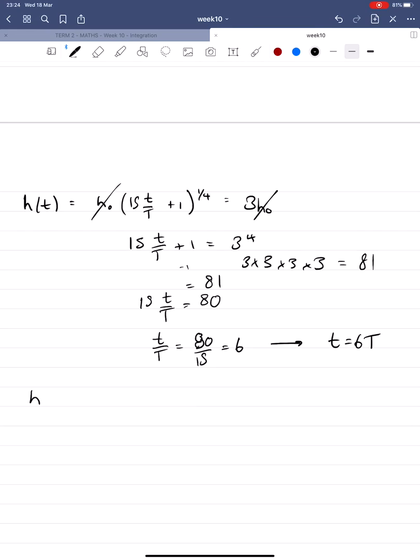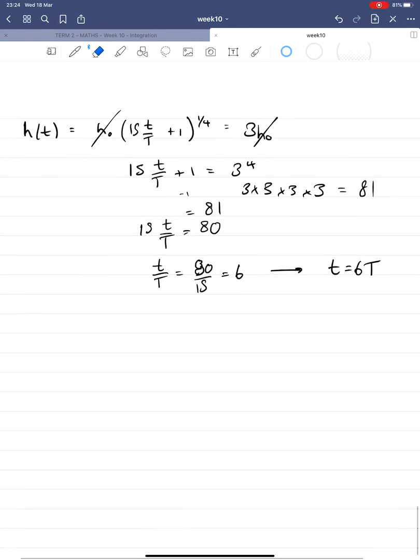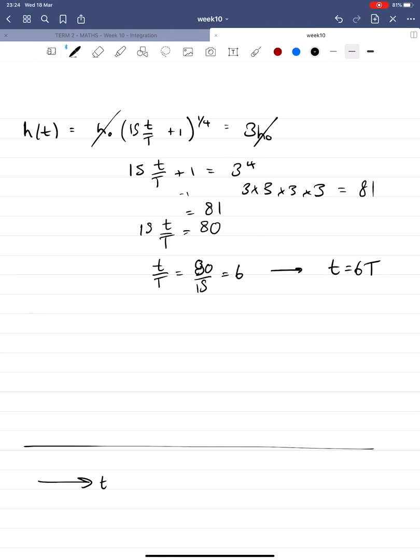So what does this mean? This means that as a picture, if we go along in time here, this is 0, this is T, and this is 6T.